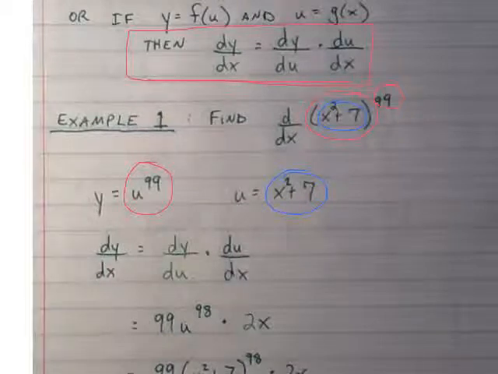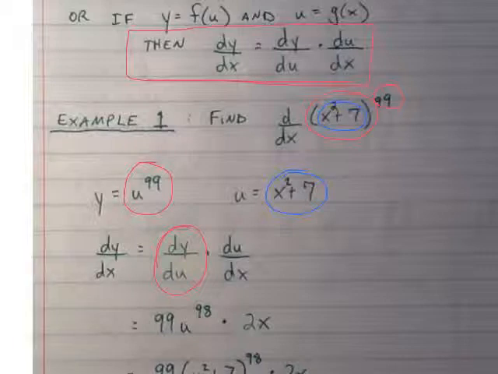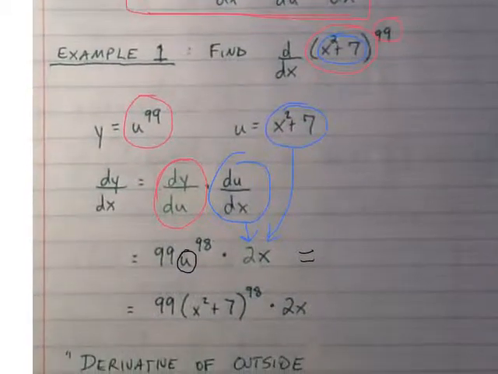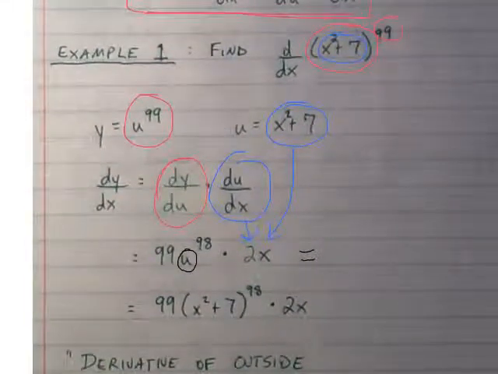So here's the derivative of the outside, u to the 99th, we apply the power rule to, and we get 99u to the 98th, and then the derivative of the inside is 2x. And if we wanted to, we could simplify that out, but first it would be better to substitute in our u, because our u is in terms of x, so we can do that, and we get 99 times (x squared plus 7) all to the 98th.